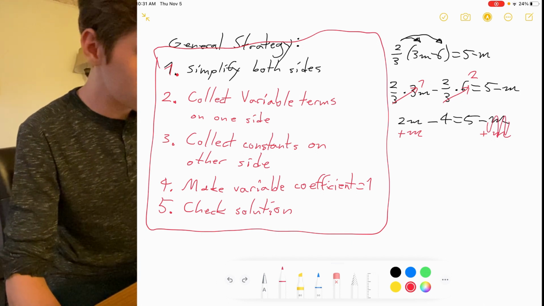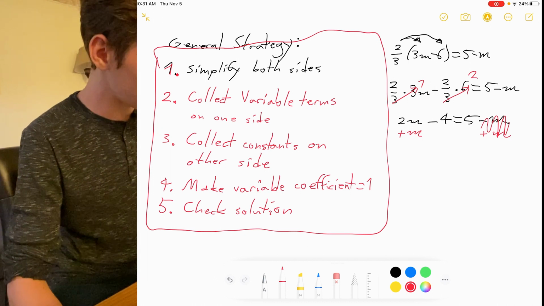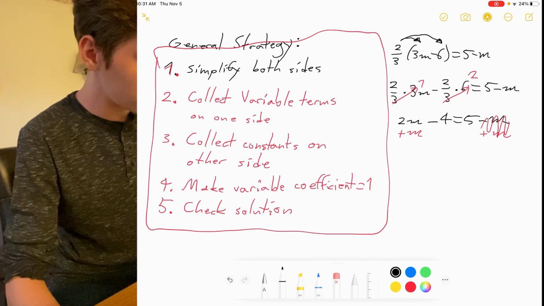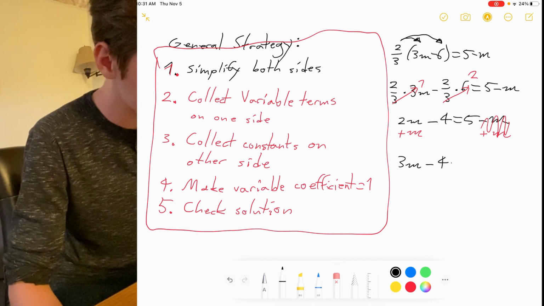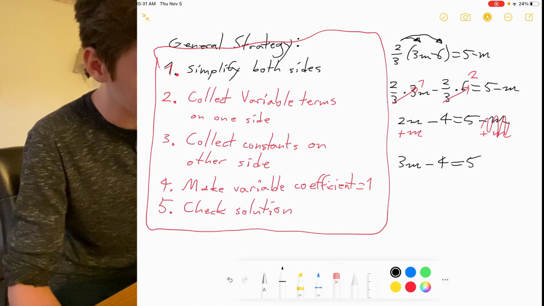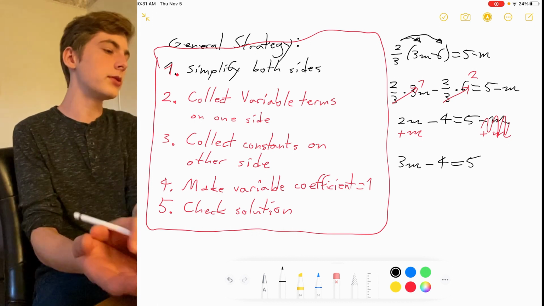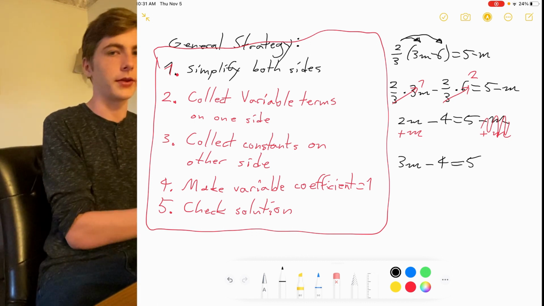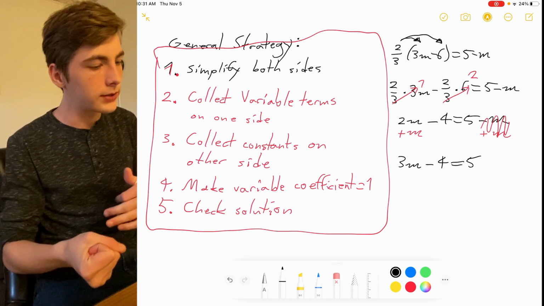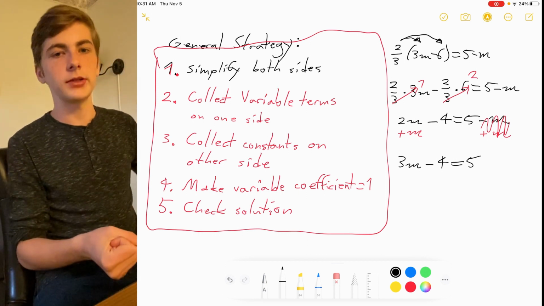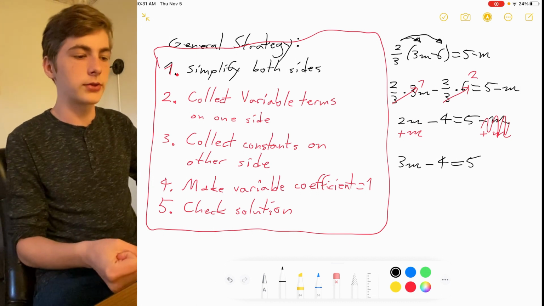And so you'll see these m's will cancel each other out and make 0. And then these guys, 2m plus m, that's going to make a 3m minus 4 is equal to 5. And so we've basically moved all the variable terms to one side. You can think of it like, I got rid of it on one side and then just kind of compensated for it on the other side.